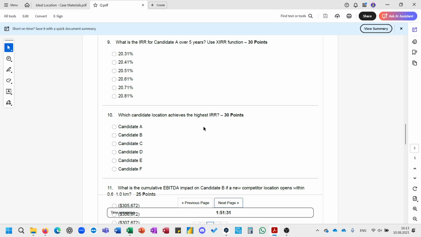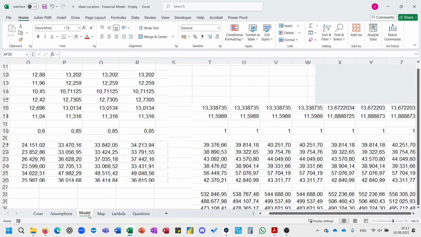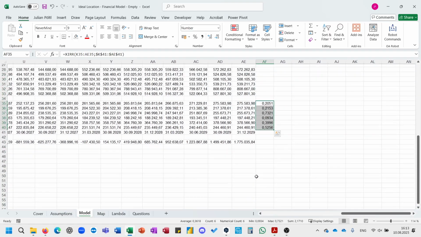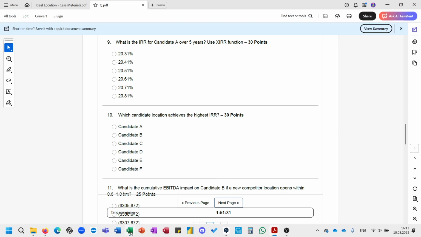Candidate location with the highest IRR, which is location C, and location C is also answer C.